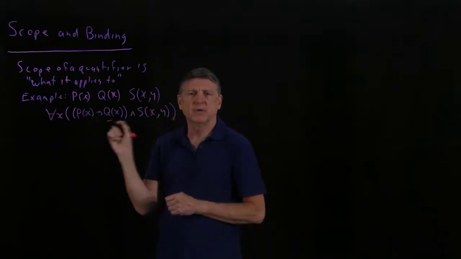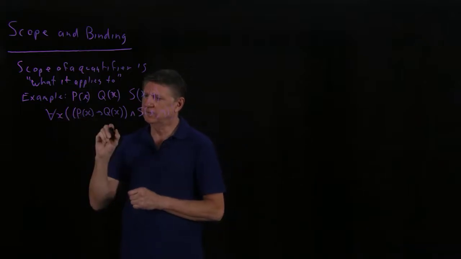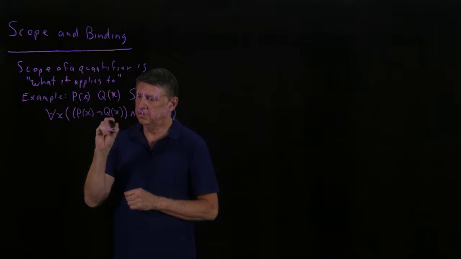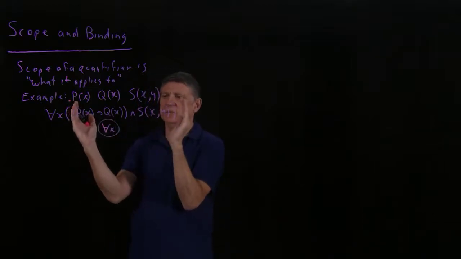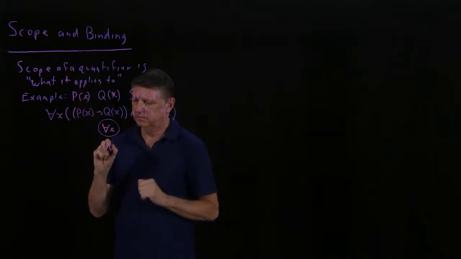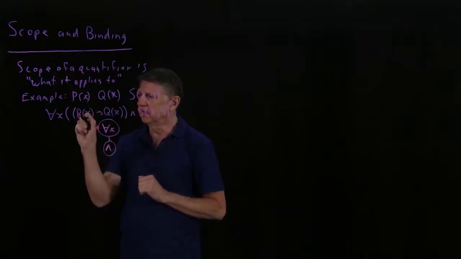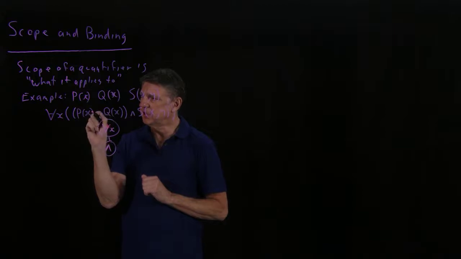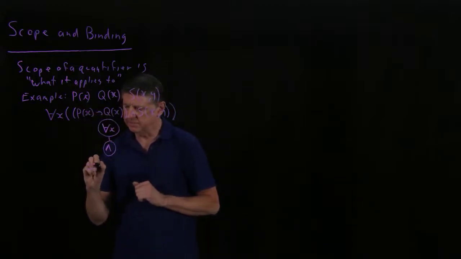Let's try writing out the parse tree for this. We would begin with for all x. Good. Then we parse this and see that it has the form of a conjunction, so we make a conjunction node. The left conjunct is P implies Q, so that's an implication.